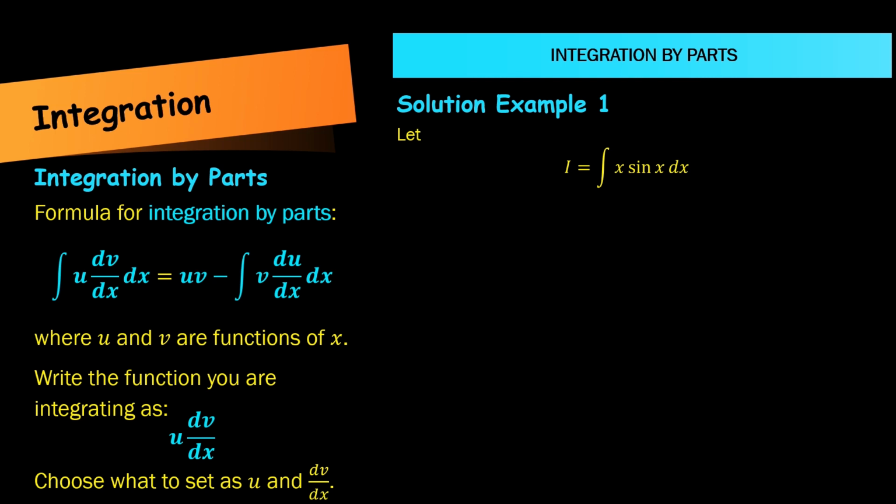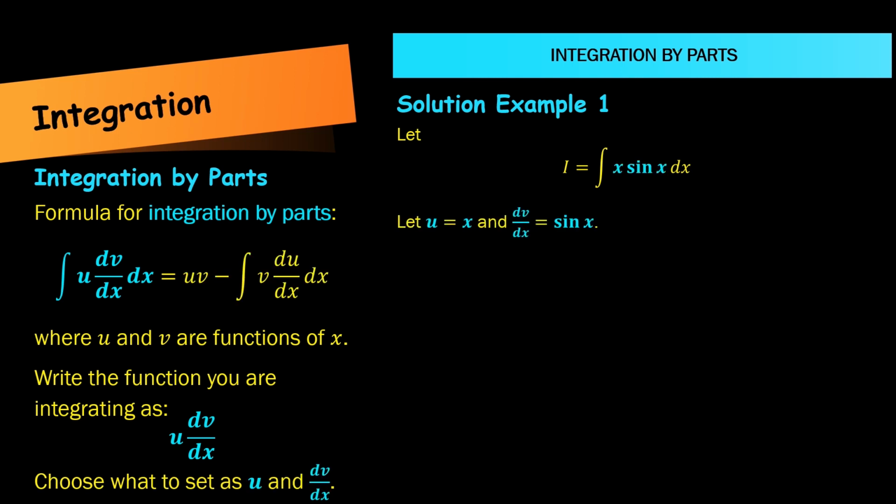So let's take a look at what we're trying to do. We let u equal x, as we said earlier, and dv/dx equals sin x. Notice that in our formula we need u, we need dv/dx, we need v, and we need du/dx.